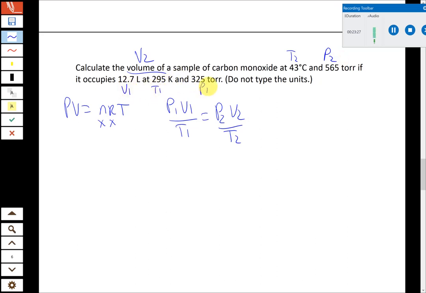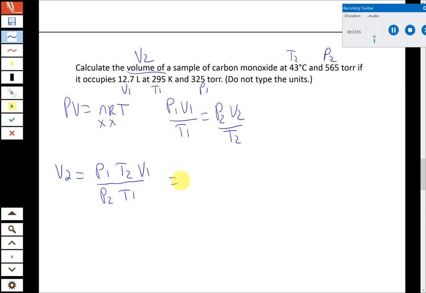So we have everything we need, we just have to solve for our unknown, which is V2. So V2 is going to be, if we just cross multiply, P1 over P2, and then T2 over T1, and then V1 in the numerator.